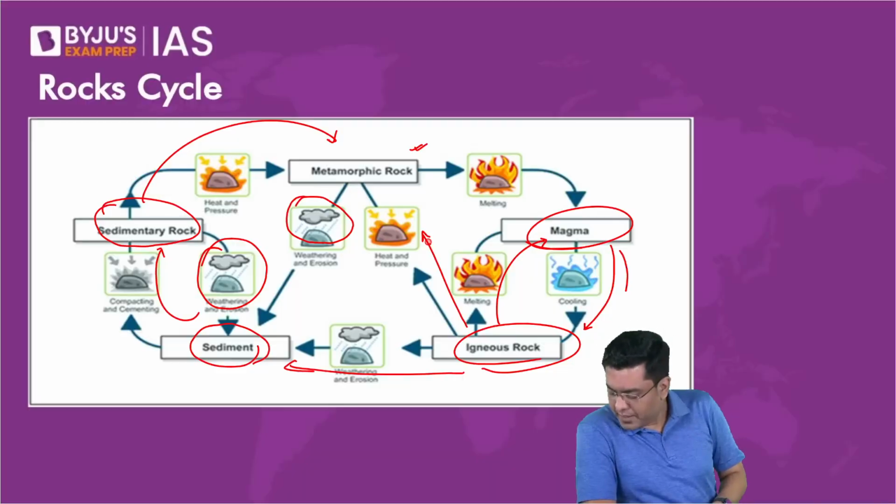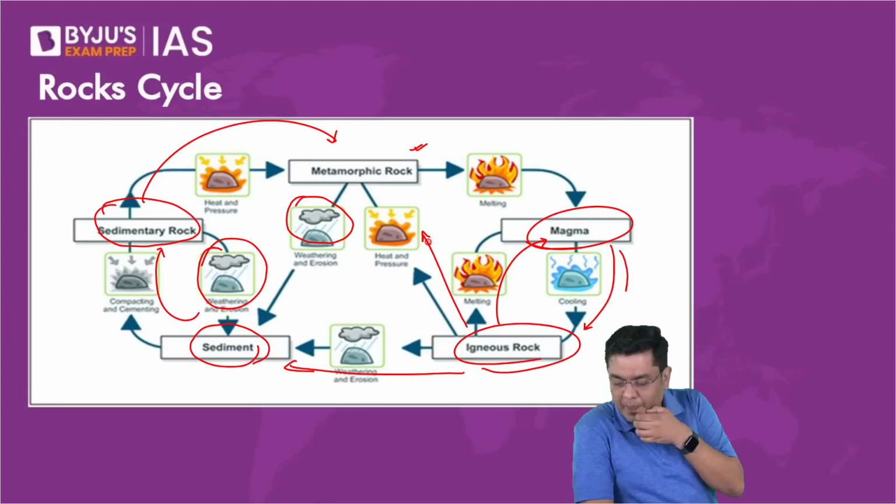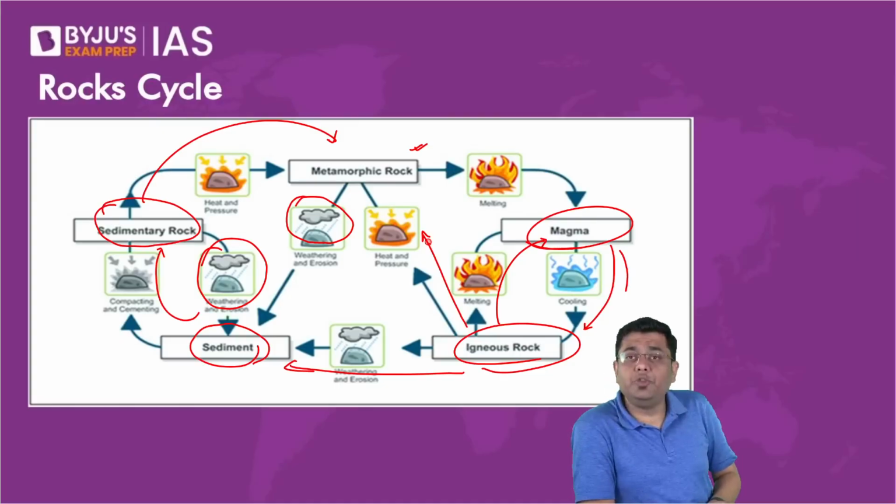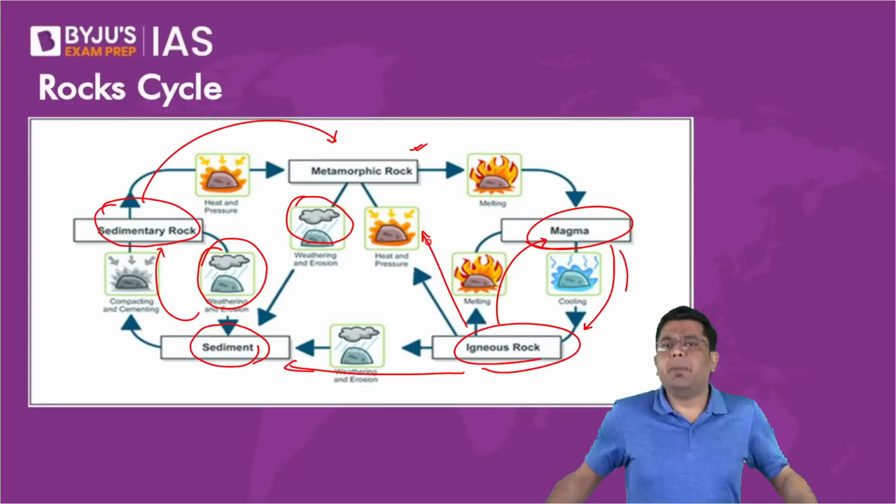Okay? Is it clear up till now? Metamorphic rocks, Deepshikha, are basically those rocks which, over a period of time, when let's say an igneous or a sedimentary rock undergoes a lot of compression. For example, take the case of Himalayas.